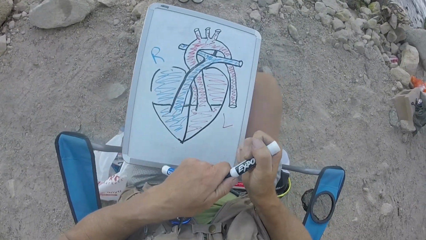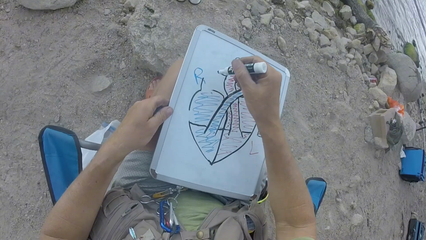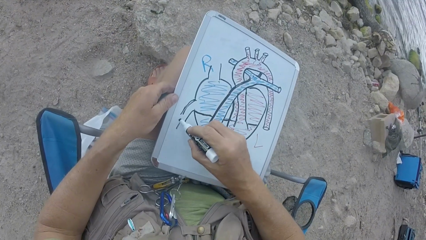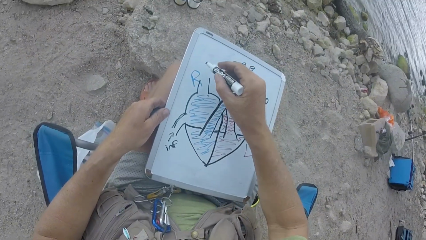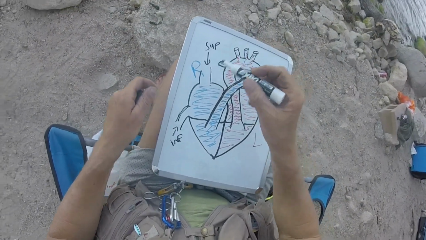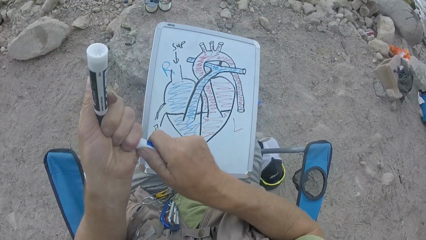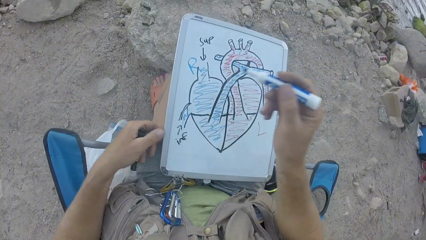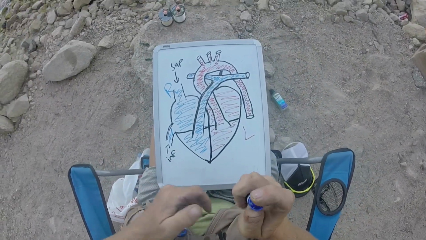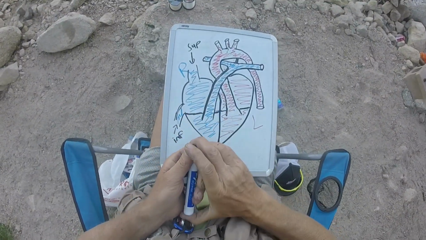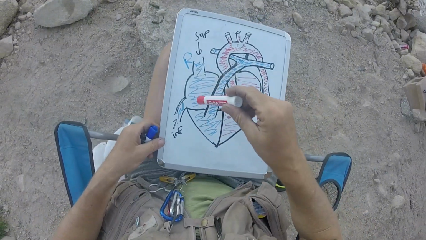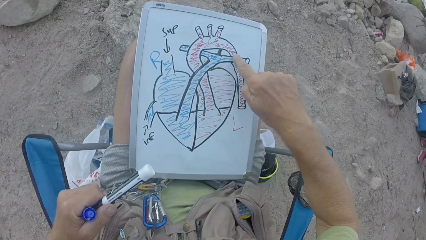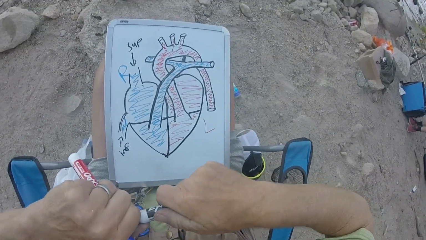The right side of the heart is receiving the blood from the body in two places: the inferior and superior vena cava. And of course this is quote-unquote blue blood, because it's deoxygenated blood. The heart receives the deoxygenated blood on the right side, sends it out through the pulmonary trunk to the lungs to get oxygen.